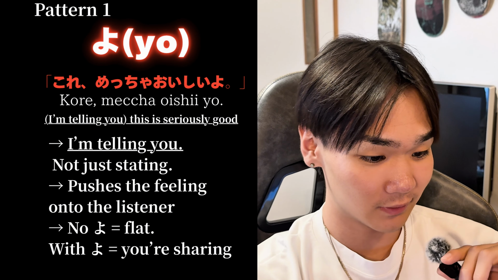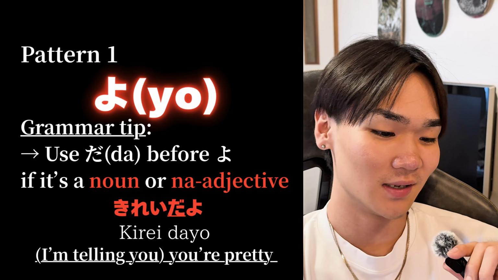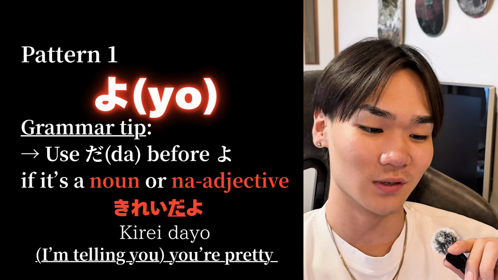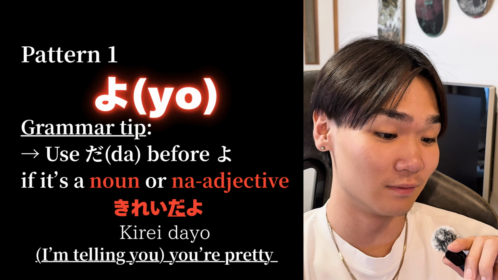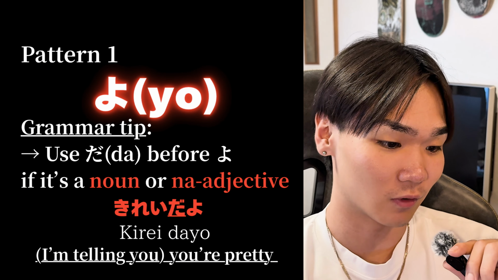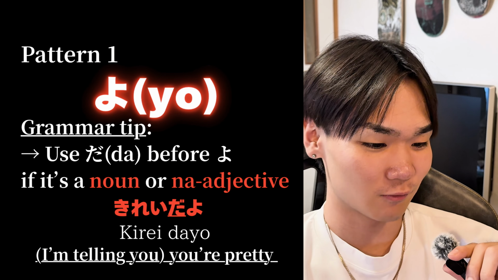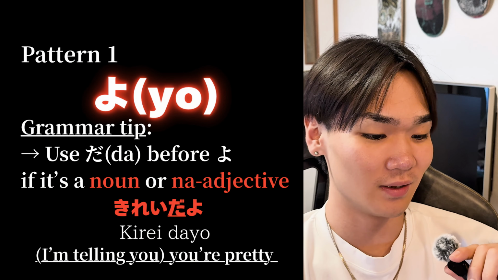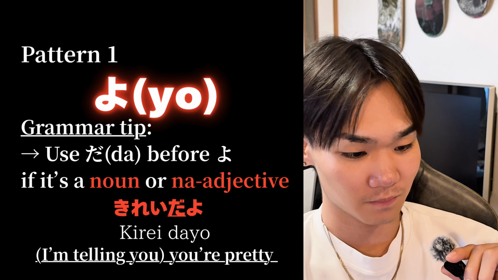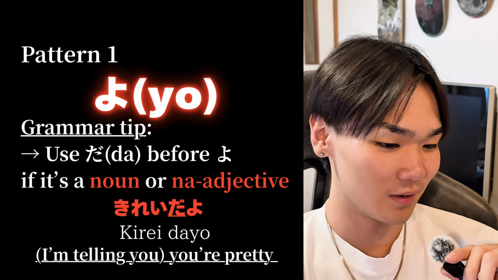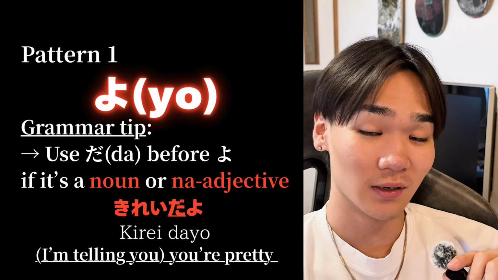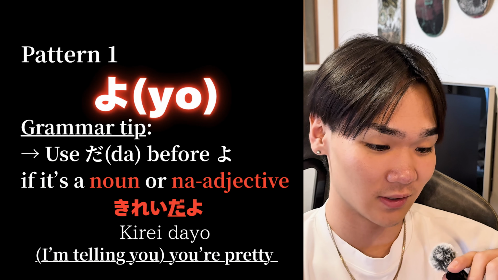And real quick, if the word before yo is a noun or what's called na adjective, you gotta throw in a da before it. But what's a na adjective? Don't overthink it. Just words like 綺麗, like pretty, 静か, quiet, 有名, famous, like 綺麗な人. Hito is a person.